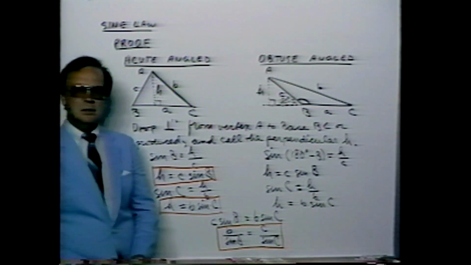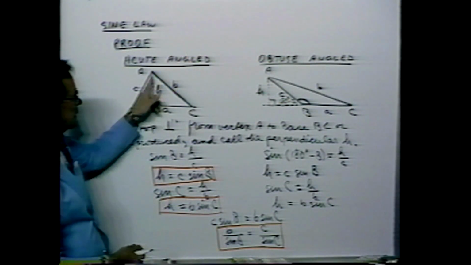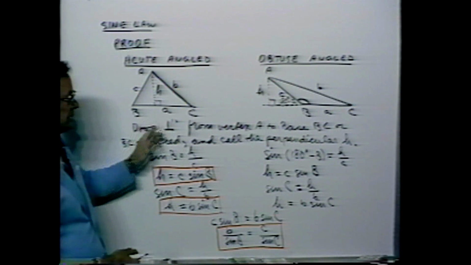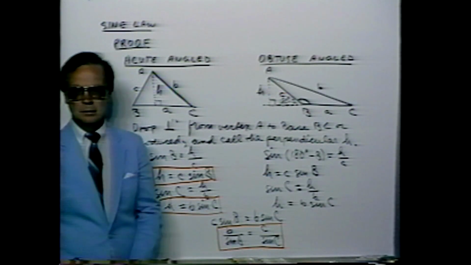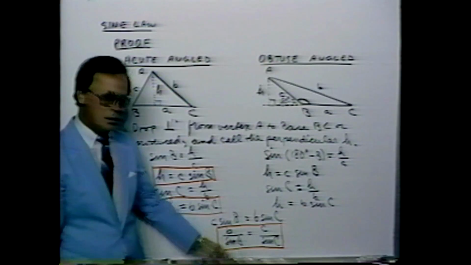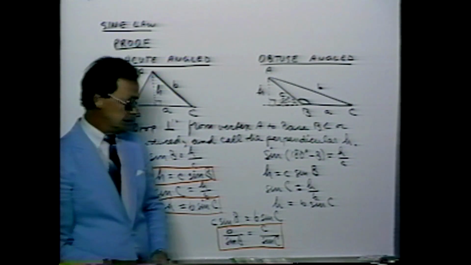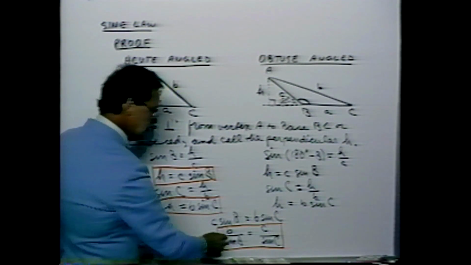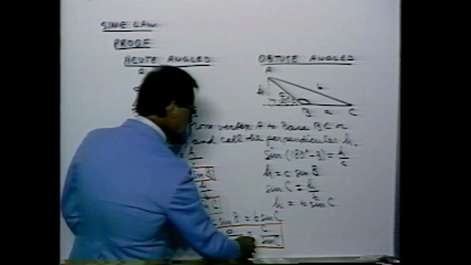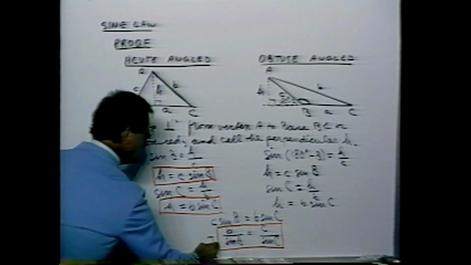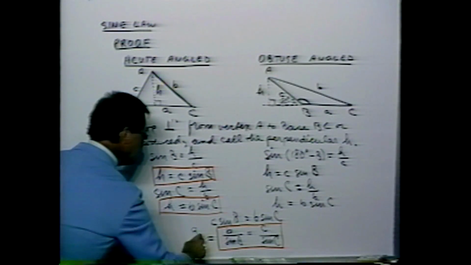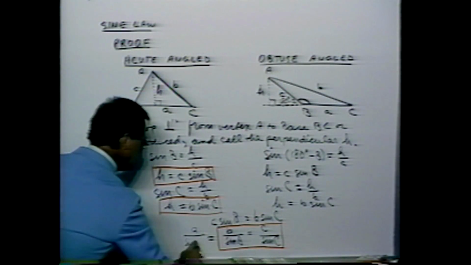If I take some other perpendicular, I will involve the third ratio in this law. And so the conclusion is that B over sine B is equal to C over sine C, and also equal to A over the sine of A.